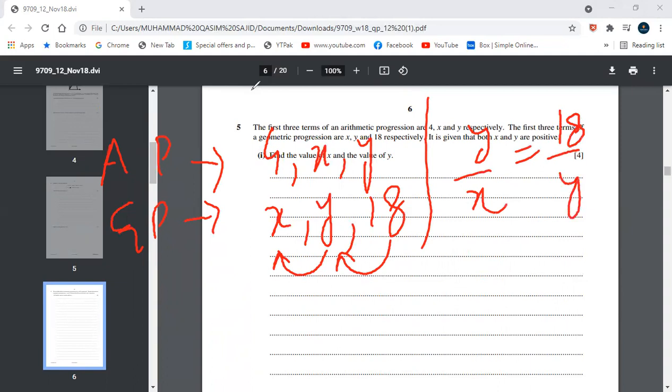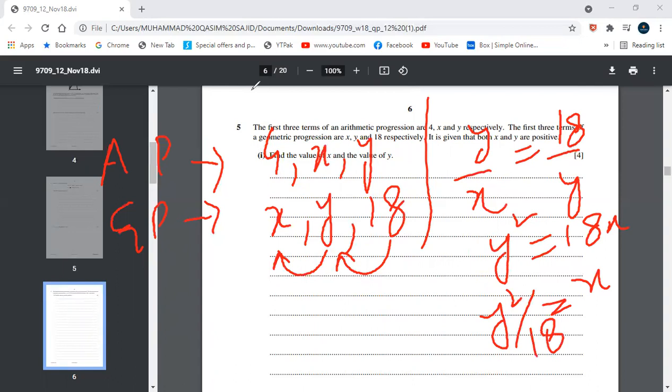Okay, now cross multiply, it must be 18x equals y square. So x equals y square upon 18. Is this clear? Yes sir.